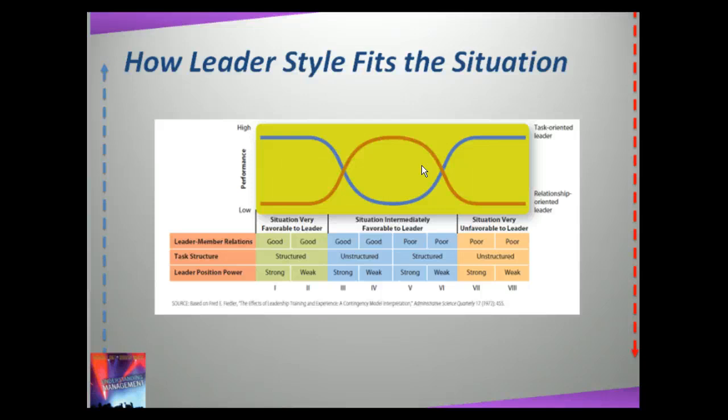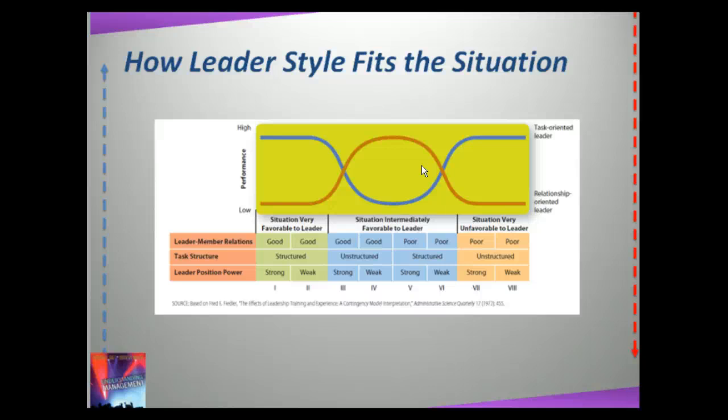So the task oriented leader excels in a favorable situation because everybody gets along, right? The task is clear, the leader has the power, all that's needed for someone to lead the charge and provide direction. Similarly, if the situation is highly unfavorable to the leader, a great deal of structure and task direction is still needed.